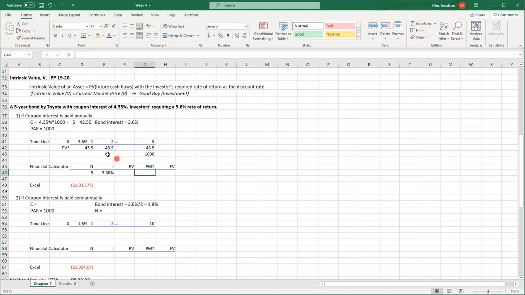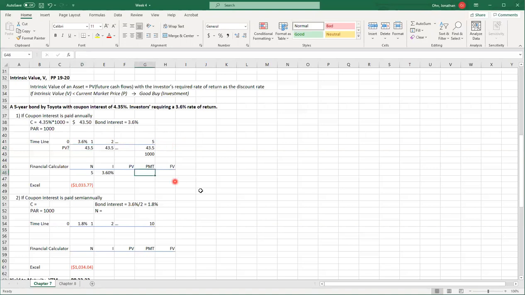One thing you should be careful about: you are the investor, from the investor's perspective, so you will receive $43.50 every year.